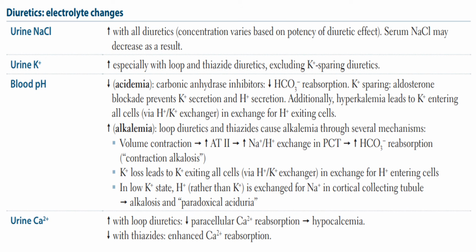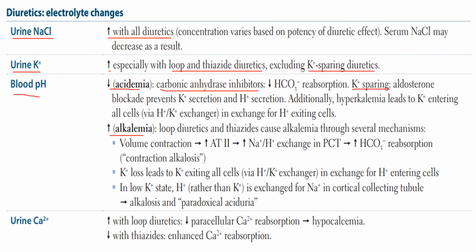Now we'll see the effects of diuretics on electrolyte changes. Firstly, urine NaCl increases with all diuretics. Urine potassium increases especially with loop and thiazide diuretics, excluding potassium-sparing diuretics. Blood pH decreases with carbonic anhydrase inhibitors and potassium-sparing diuretics.